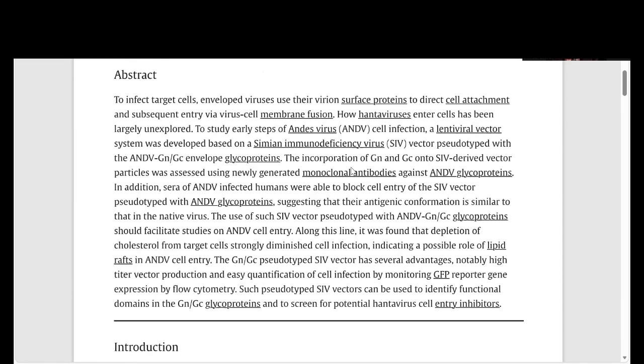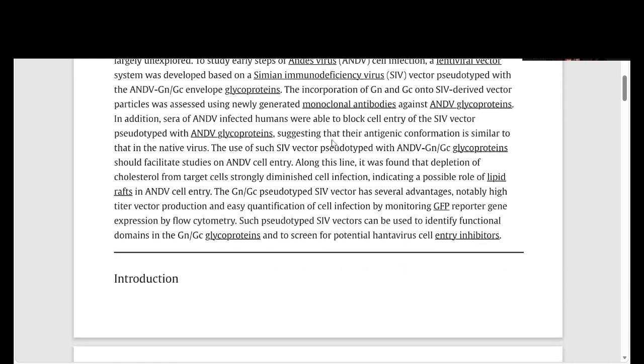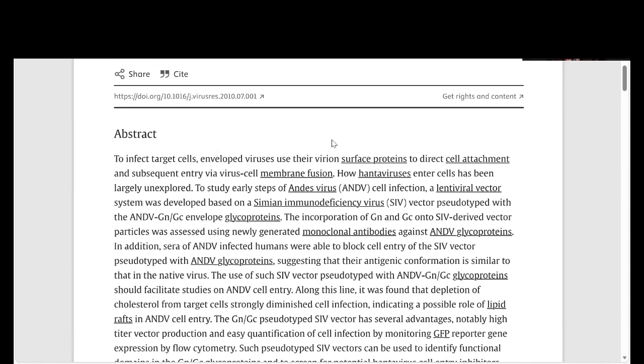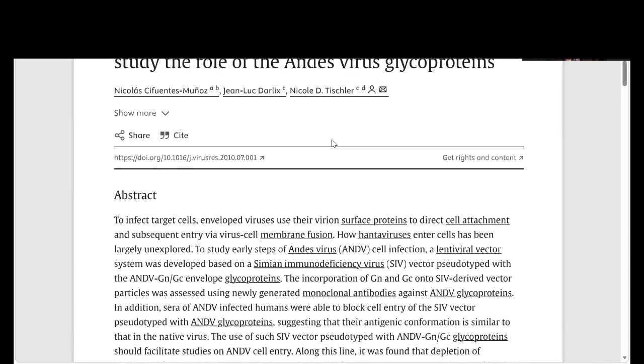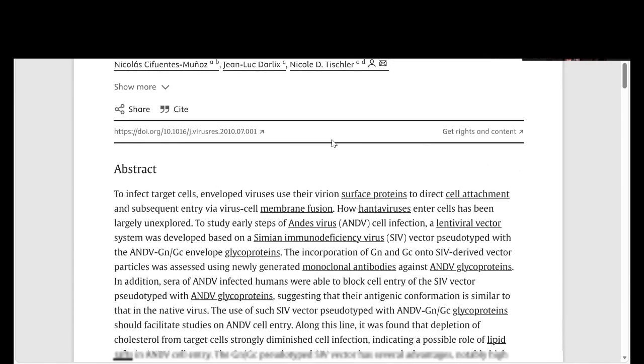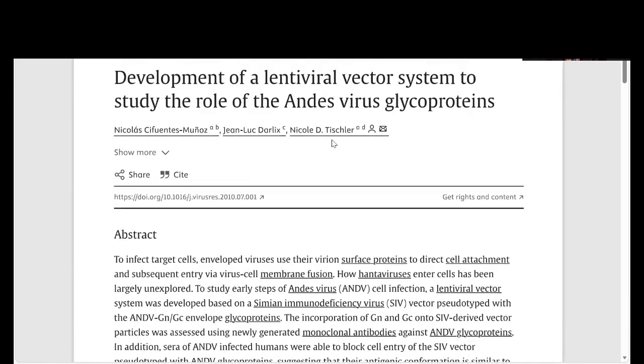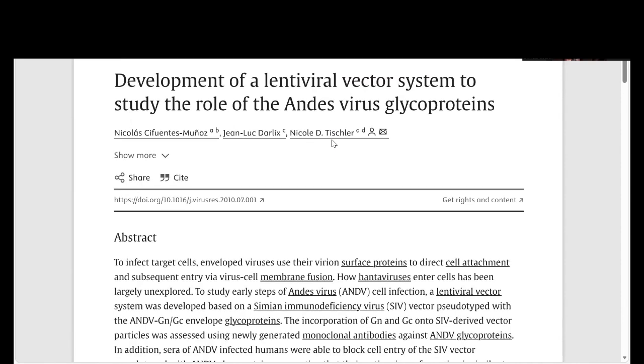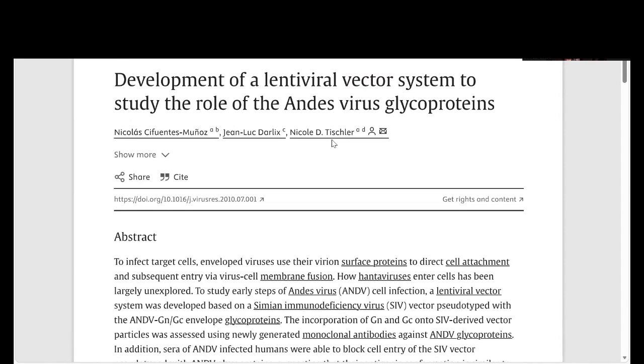So if you want to gain function of another type of receptor for HIV, you can just plug GNGC right to it. So my point here is that we need a little bit more of a discussion in the public domain about the regulation of these types of research and the safety protocols.